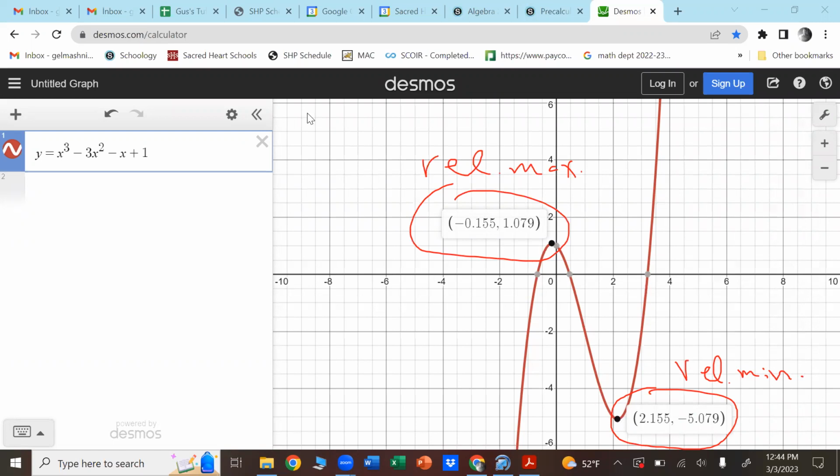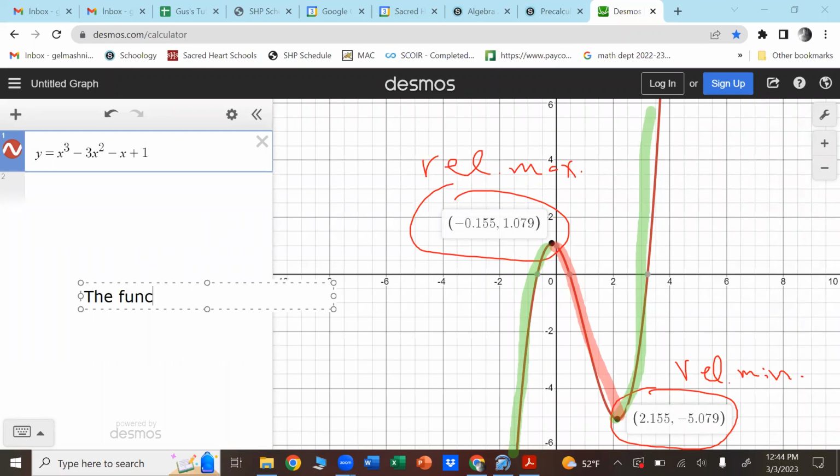If I get a highlighter out, this is clearly rising, and this is also rising, but then this graph is dropping. That's why it's a relative max. And the way you write it, you write like this.